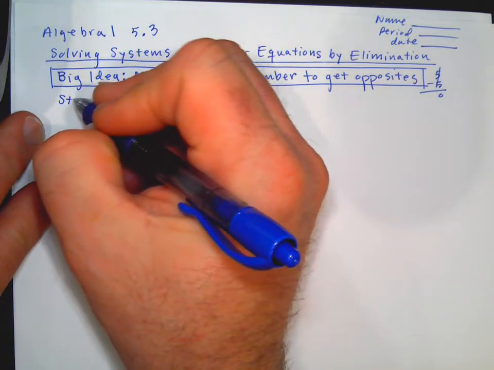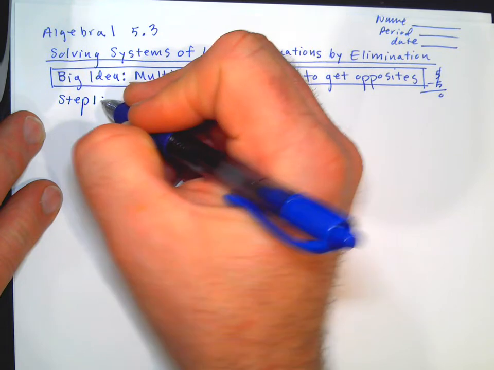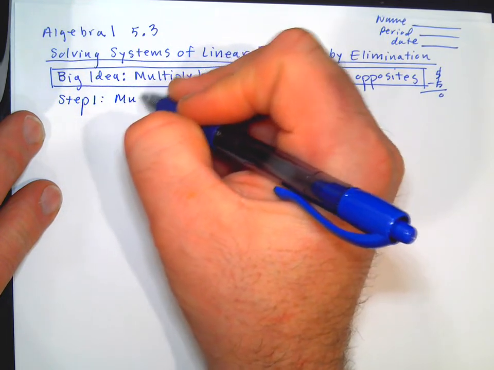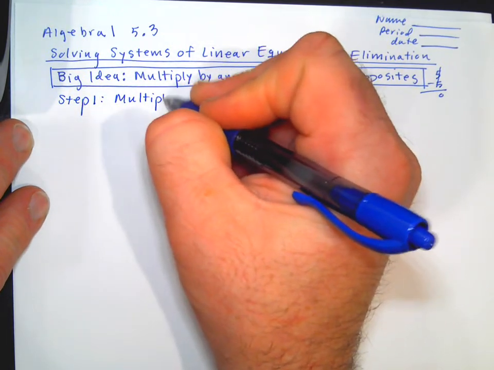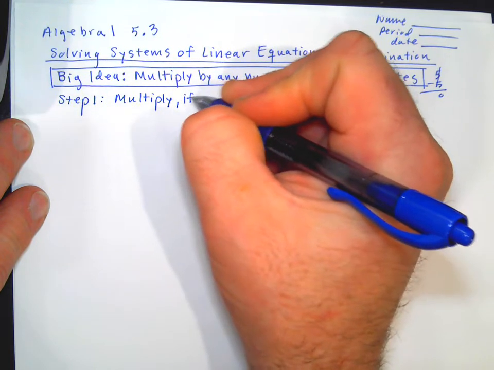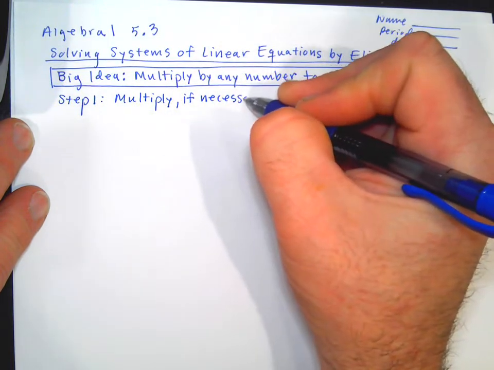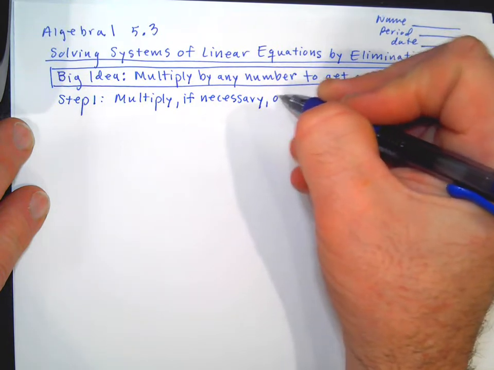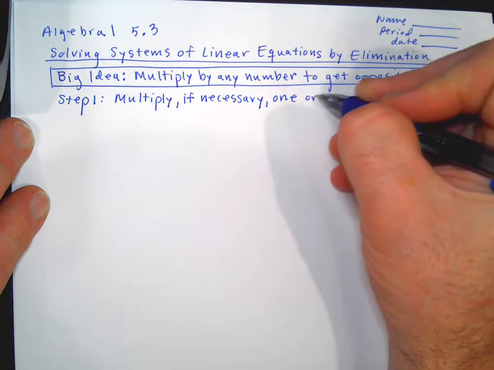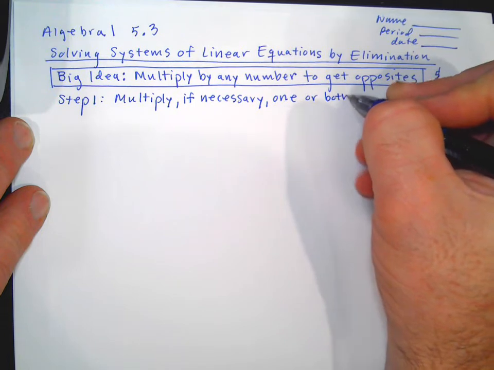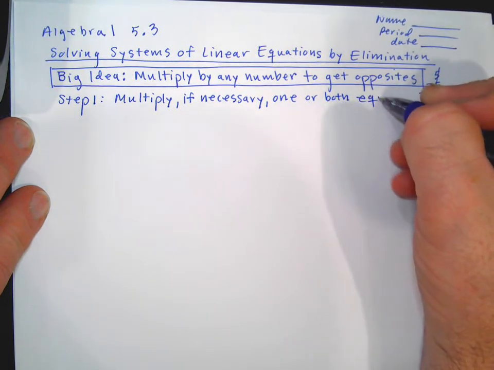So step 1, multiply if necessary. Sometimes it might be nicely set up for you. Multiply if necessary one or both equations. There's going to be two equations.